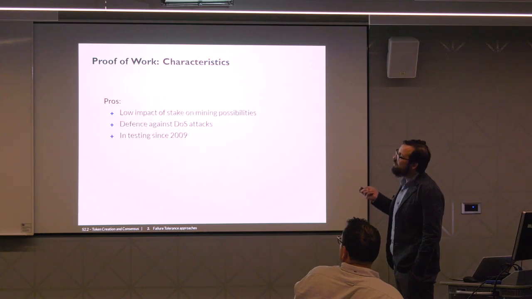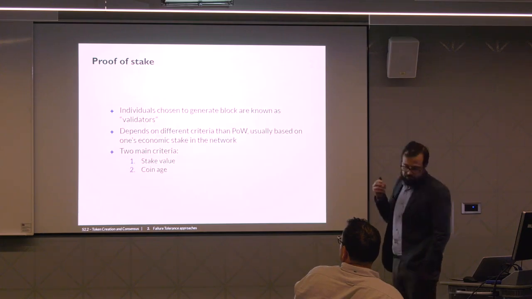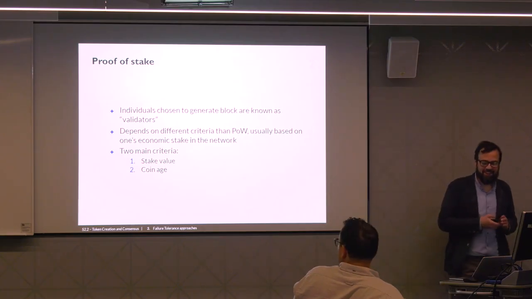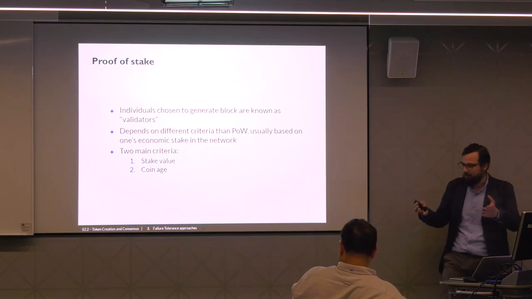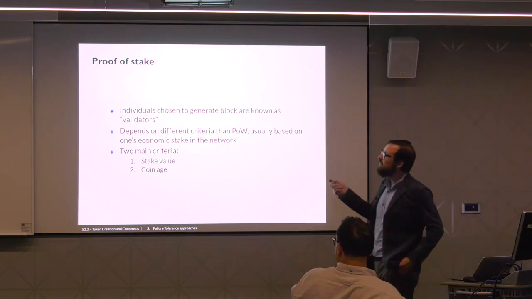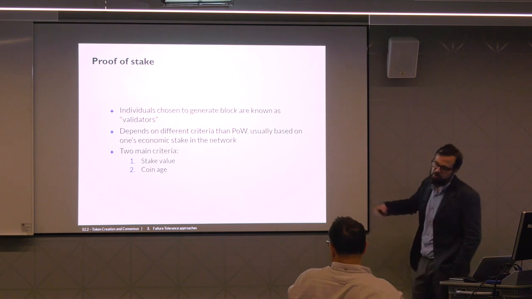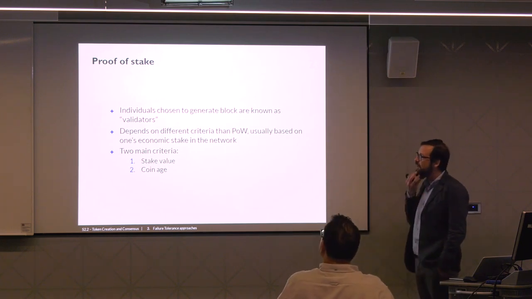This is true for every kind of blockchain-based system. There are different families of verification processes you can have. We have been talking about proof of work, in which the probability of finding a new block is proportional to the computational power that you devote to the process of mining.